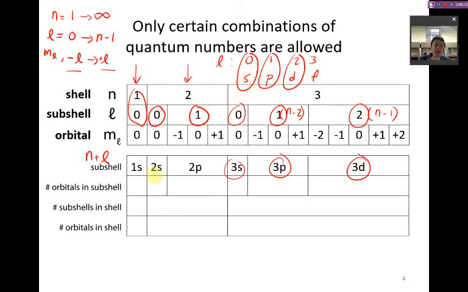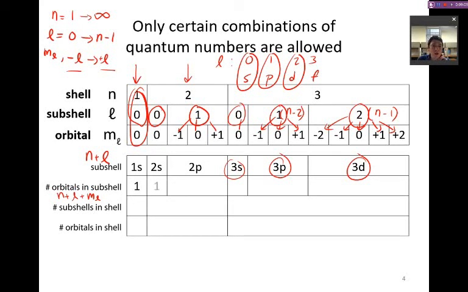Now, we've defined the subshell. To define the orbital, we need to define the n, the L, and the m sub L value. And so we're looking then at each of these possible combinations. Essentially, each combination of three quantum numbers describes one orbital. So we see that there's one combination of 3 in the first shell, and so there is one orbital.